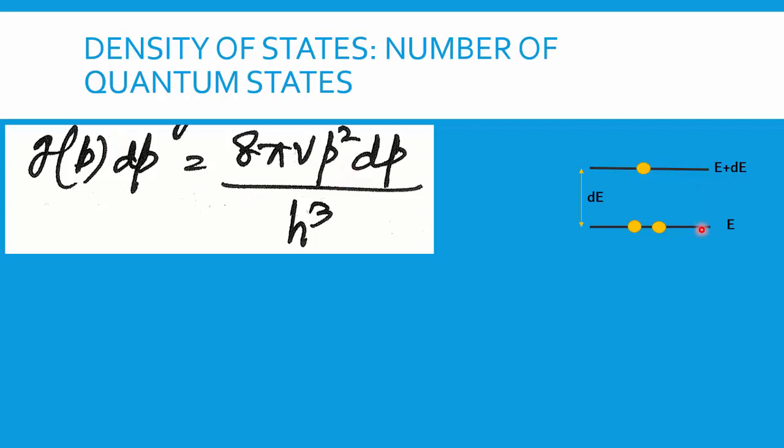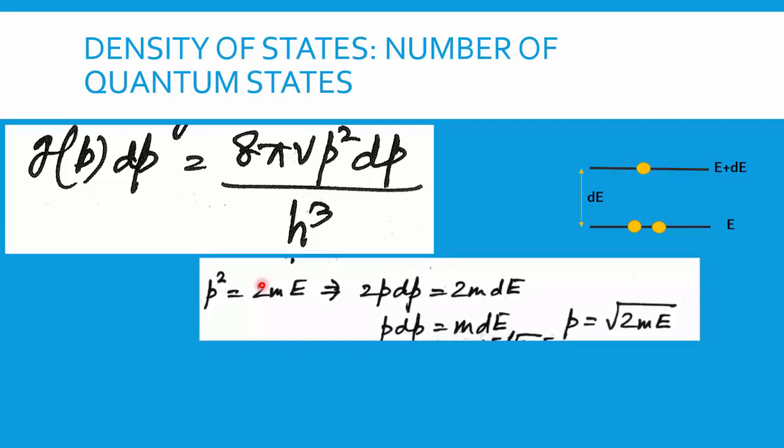But when the problem changes to energy, where you have one energy level and another energy level, and within that you want the number of quantum states, you cannot use this formula. You have to reframe it. How to reframe this formula? Obviously you have to transform this momentum information into energy, or change the function from momentum to energy.